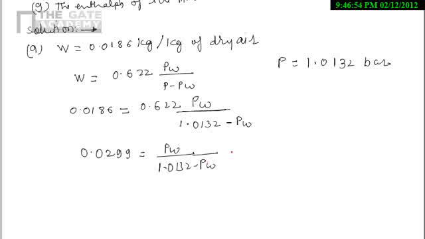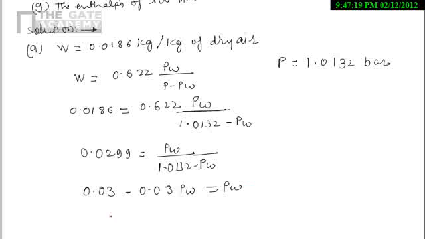If we multiply 0.0299 with 1.0132, we will get 0.03 minus 0.03 Pw equals Pw.